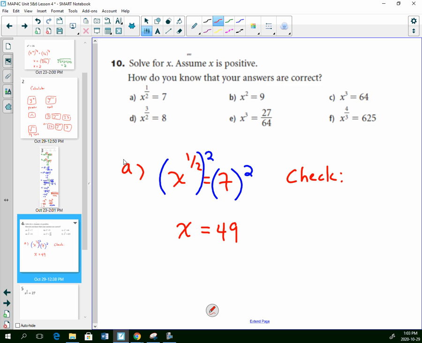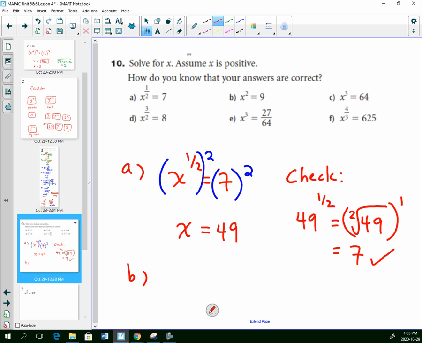I can say 49 is my answer to the 1/2. 1/2 means the square root of 49 to the power 1, and I know the square root of 49 is 7, so my answer is correct. Okay? So you can always put your answer back into the original question to see if you're right.